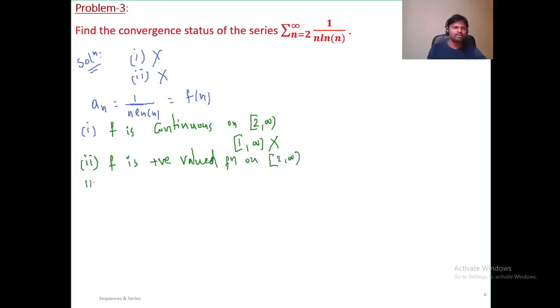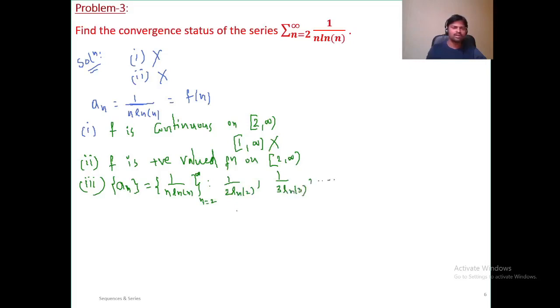And the third requirement: it should be a decreasing function, right? So clearly the sequence an is 1 upon n into ln n. Now what are the terms? The first term, n is 2, so 1 by 2 into ln 2. Next 1 by 3 into ln 3, and so on.